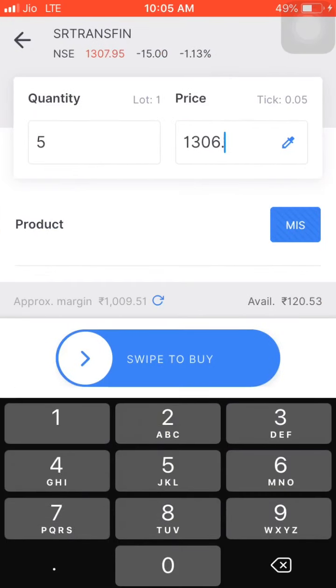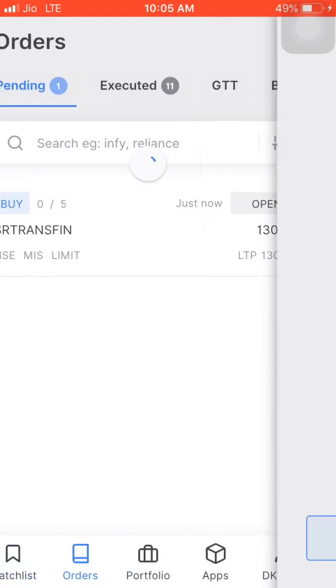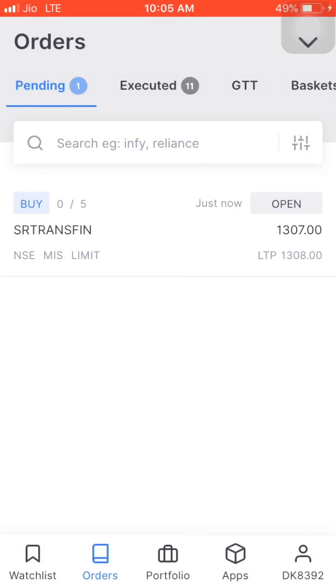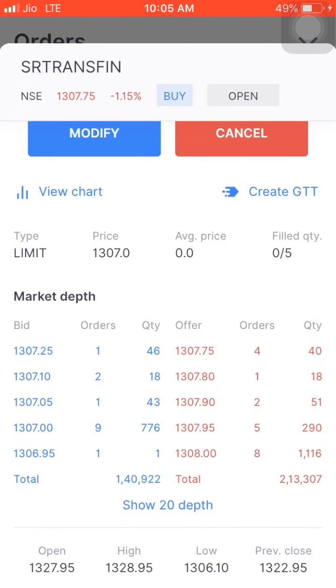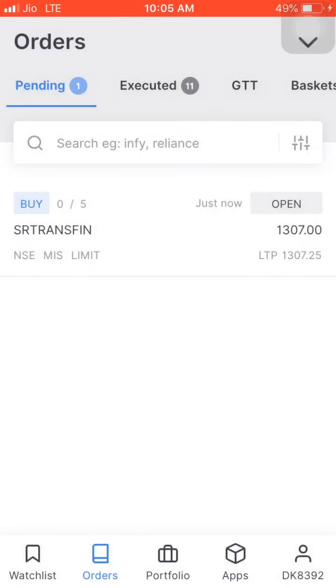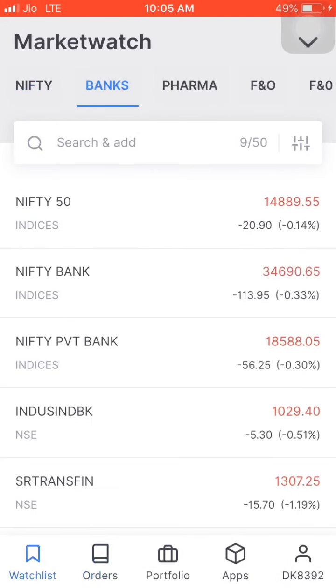Now let's take a position in Shriram Finance for 5 quantities at 1307 rupees buy position, and let's wait for the order to be completed.